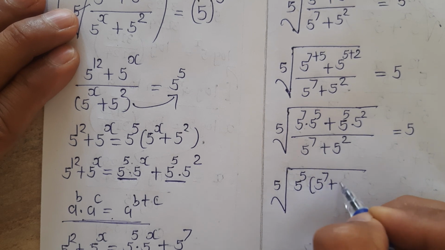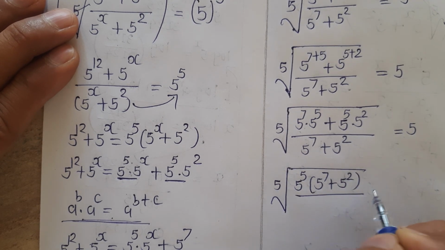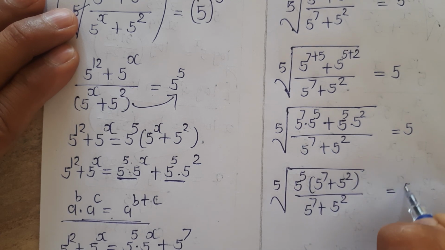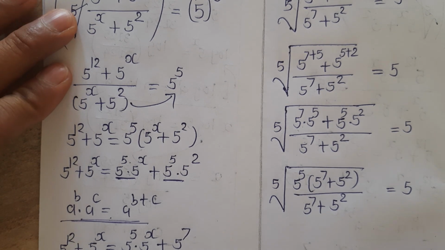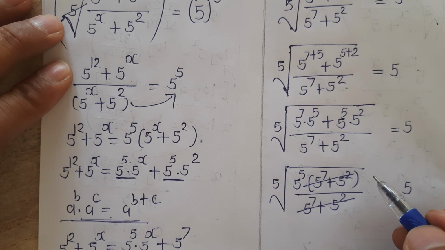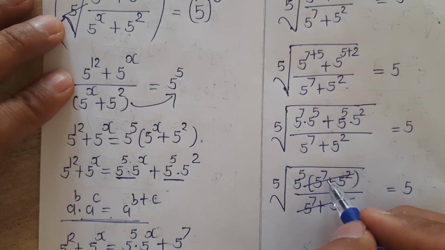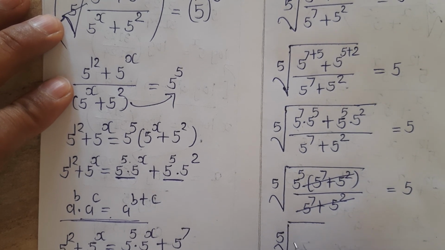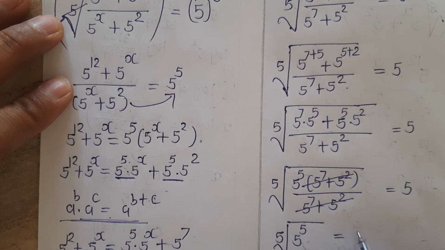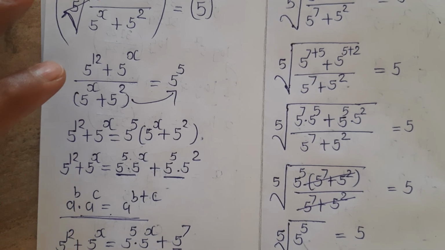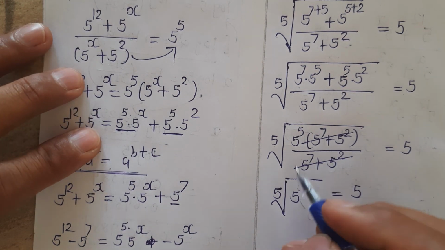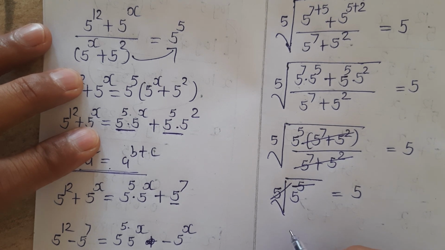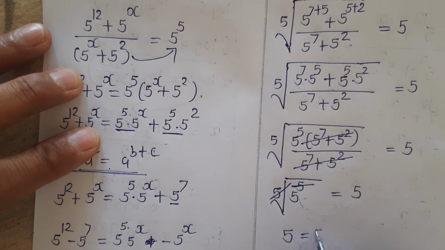So in the bracket we have 5 raised to power 7 and 5 raised to power 2, and in the denominator we have 5 raised to power 7, 5 raised to power 2, and on the right hand side we have 5. Now we can discard this, we can remove 5 raised to power 7 plus 5 raised to power 2. So now under the fifth root we have 5 raised to power 5 is equal to 5. Here we can remove this power 5 and this fifth root. So now we have 5 is equal to 5.